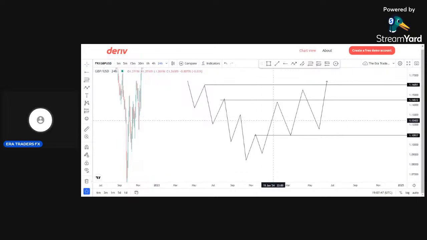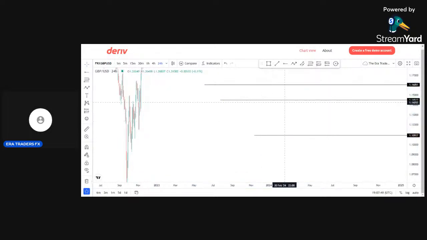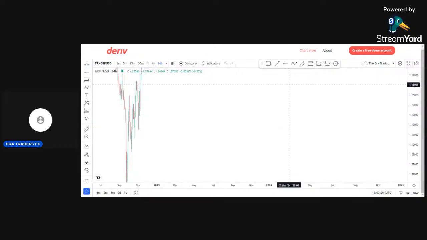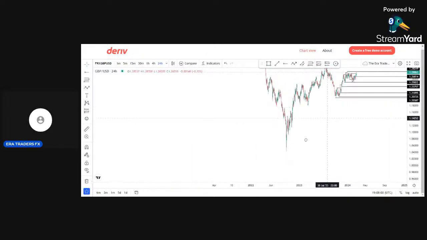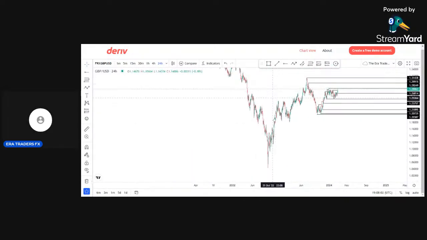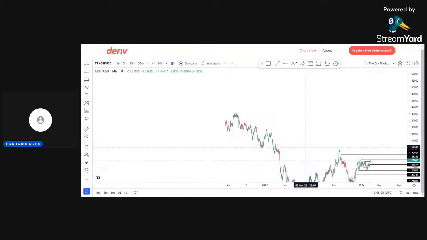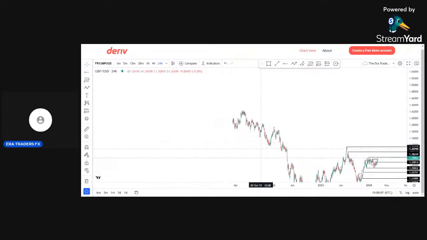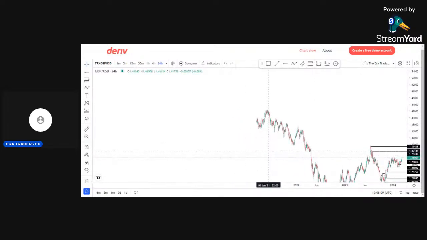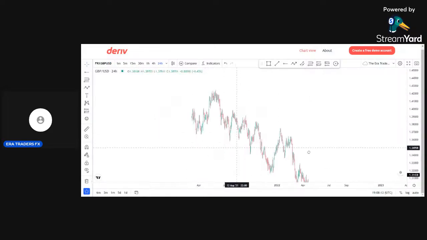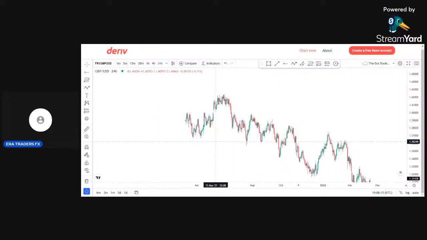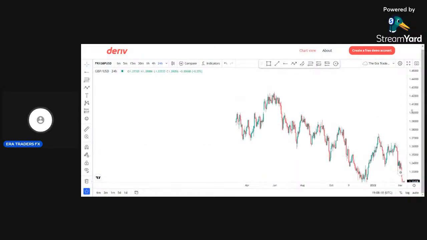All right, so let's look at one example or two of mitigation block, right? All right, so there's a clear one here.